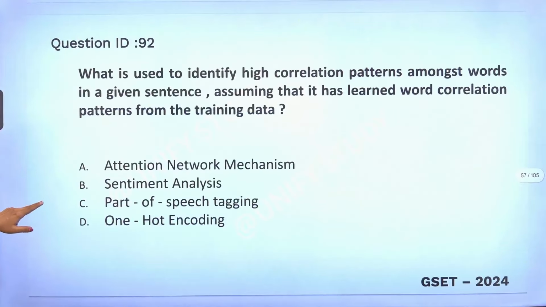Now, what is used to identify high correlation patterns? Read it. I will not read it for you because the reading habit is also important. Reading and finding the answer quickly is the training of your brain with time-bound practice.